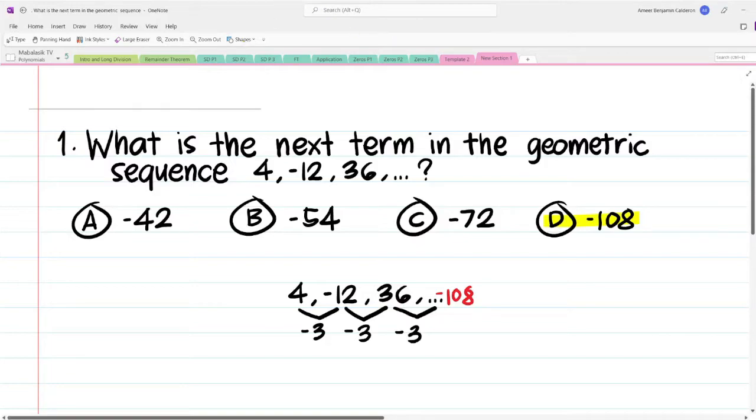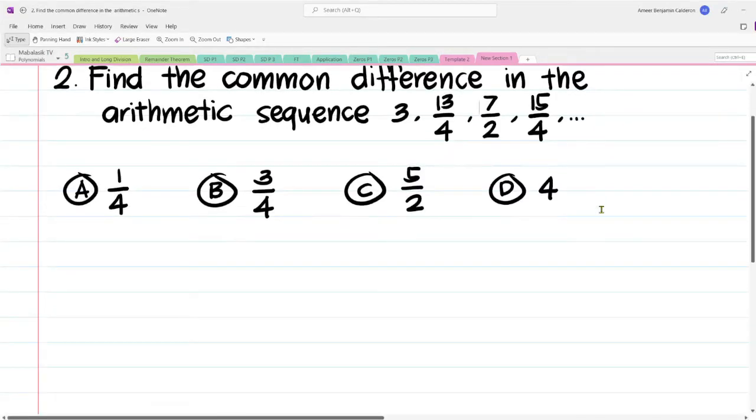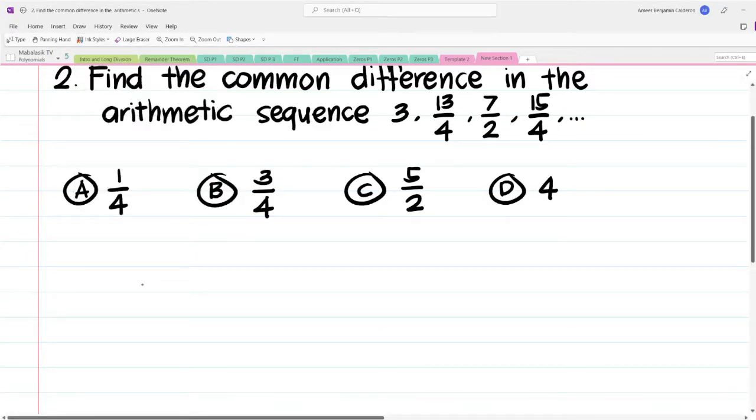Let us proceed to our second question. Find the common difference in the arithmetic sequence 3, 13 over 4, 7 over 2, 15 over 4. Customarily, we use d equals a sub 2 minus a sub 1 in finding the common difference, because by definition, the common difference is calculated by subtracting any two consecutive terms.